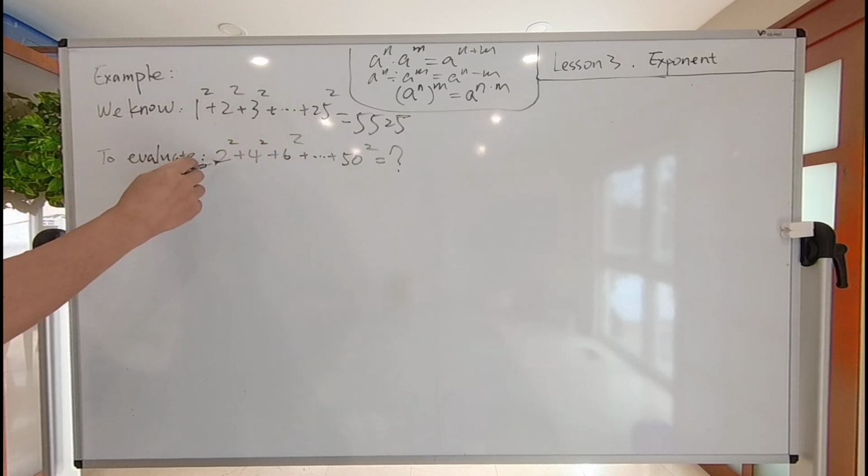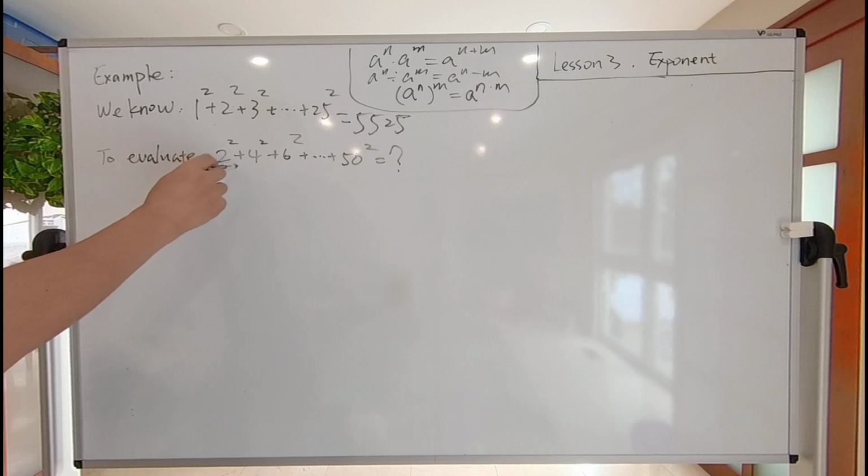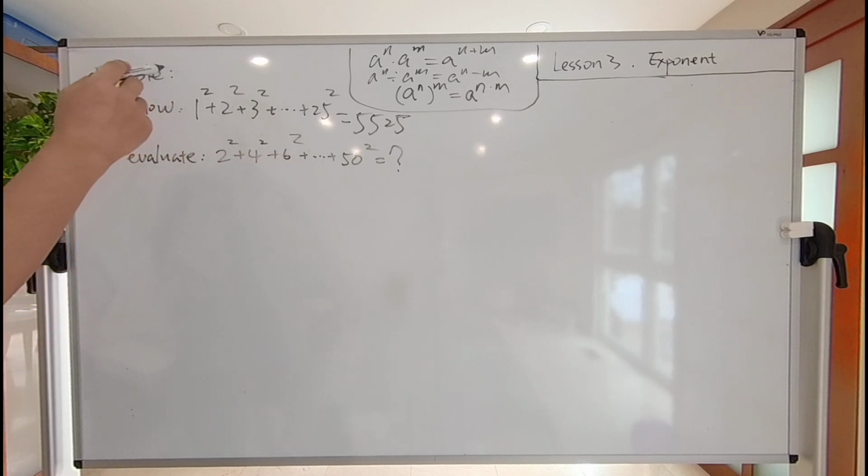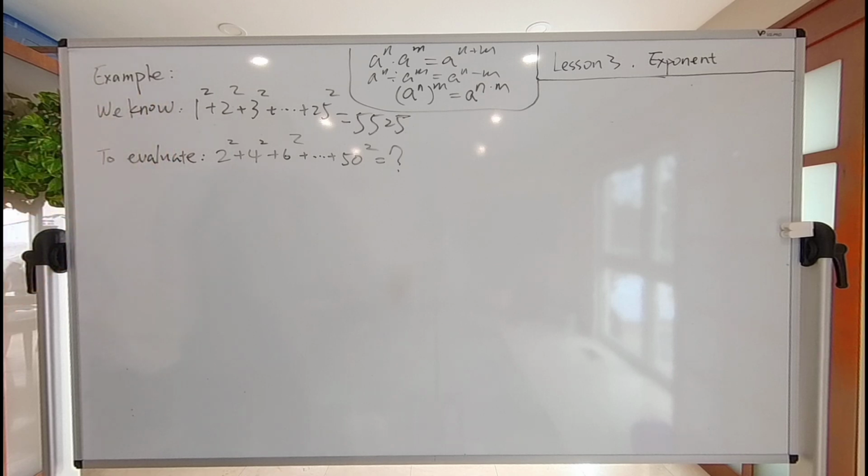So if I can find a way to simplify my second expression into a similar form to the known condition, then I might be able to solve this problem. You may already see the way to simplify that right away by factoring out the common factor, but let's start with our observation first.